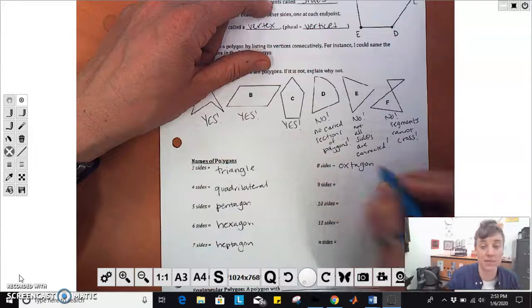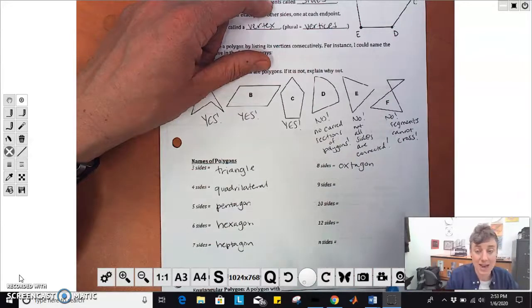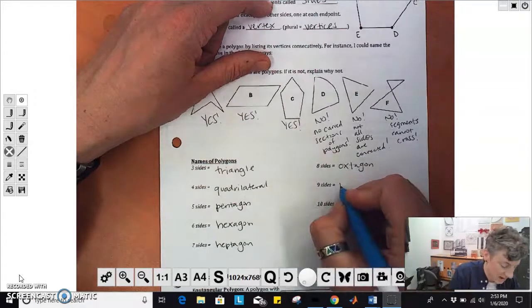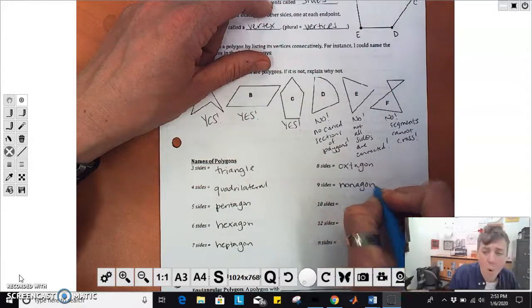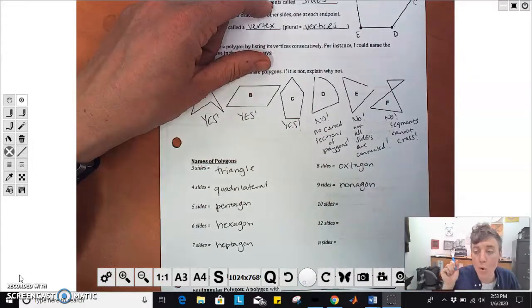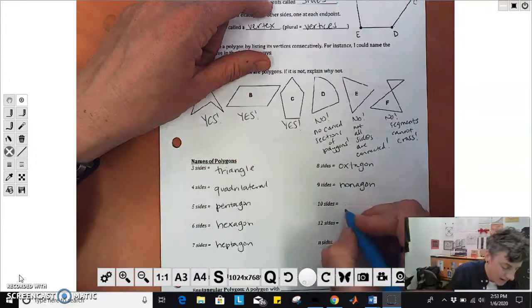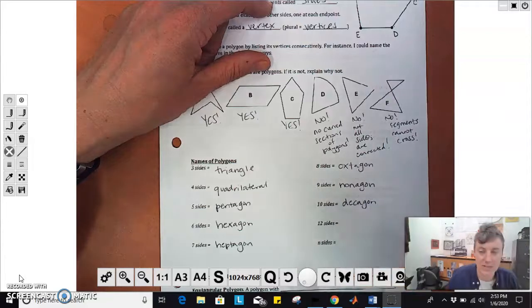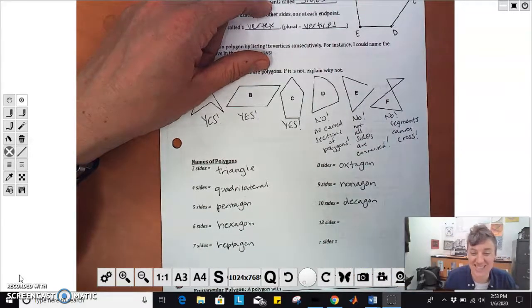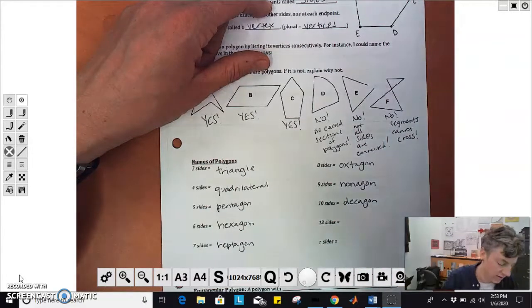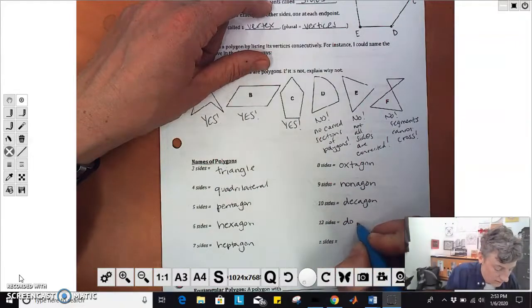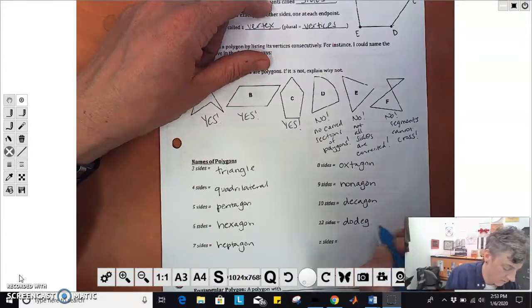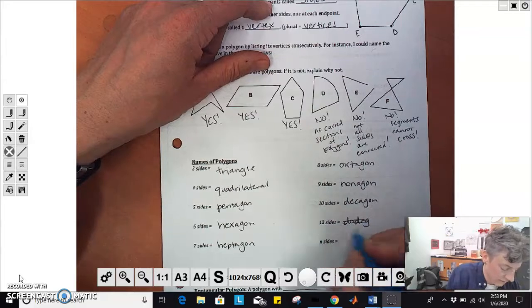Octagon, like our stop signs. 9 sides is a nonagon. 10 sides is a decagon. Dec meaning 10. We just entered another decade, another 10 years. 12 sides is a dodecagon. Whoops, not dodeg. Dodecagon.